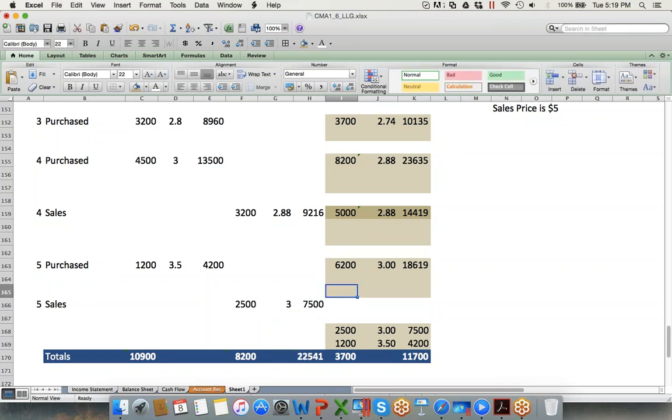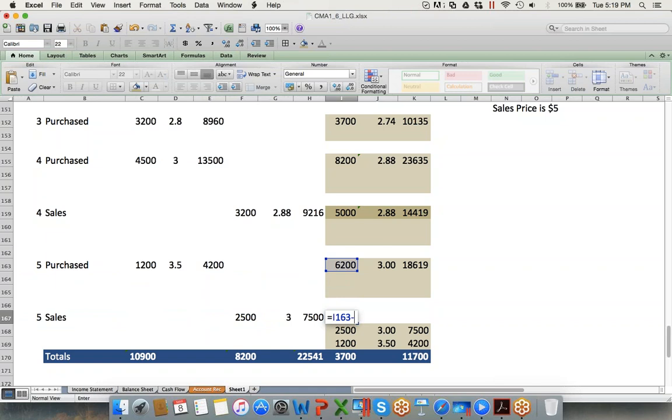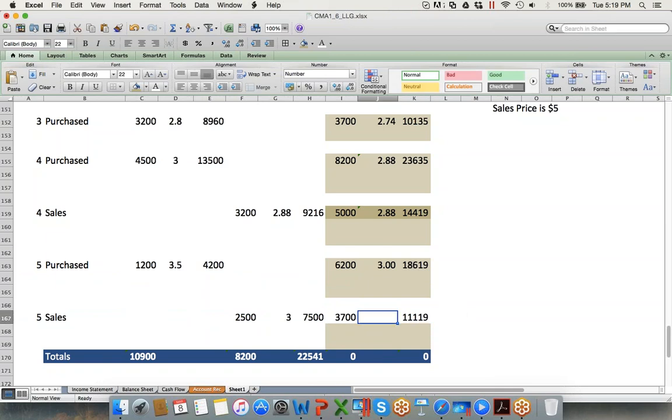Now deduct this amount. 6200 minus 2500, 3700. And 18,619 minus 7,500. Then find a new price.